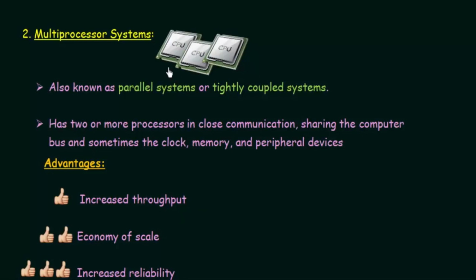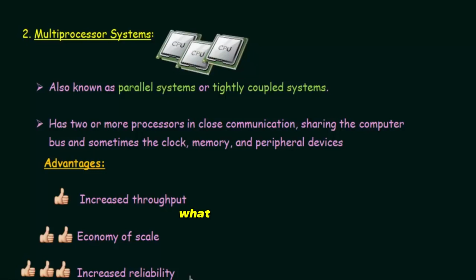Your whole system breaks down. But in a multiprocessor system, even if one fails, the remaining can help to get the work done without causing a total failure of the system. So that is why we say that it is more reliable, and it has increased reliability as compared to the single processor system. Alright, so those were the advantages of multiprocessor systems.